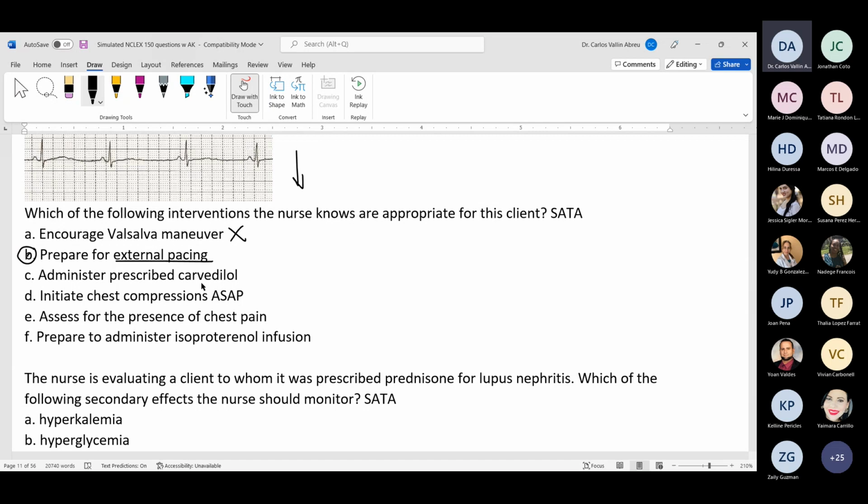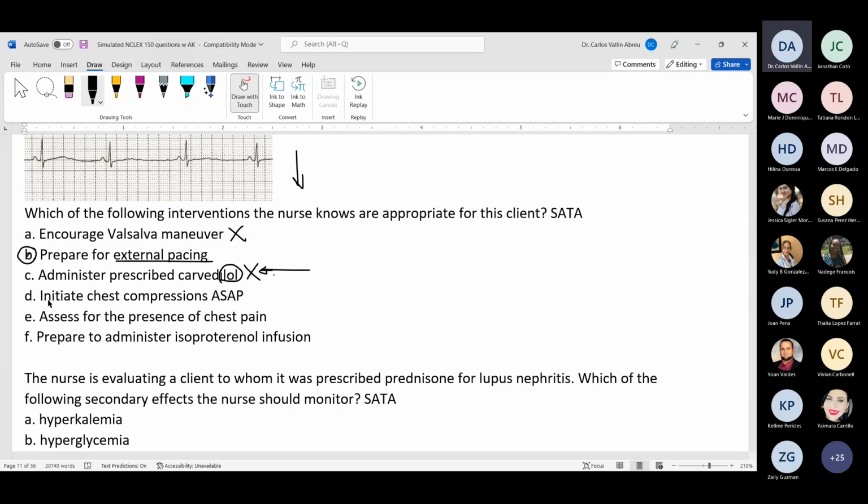Administer the prescribed carvedilol, yes or no? No, because it's a beta blocker and it's going to worsen the bradycardia. Only if it is your mother-in-law, but not to a patient and not in the NCLEX.